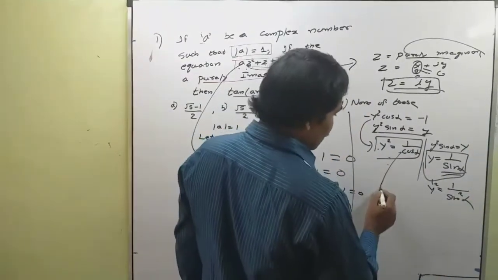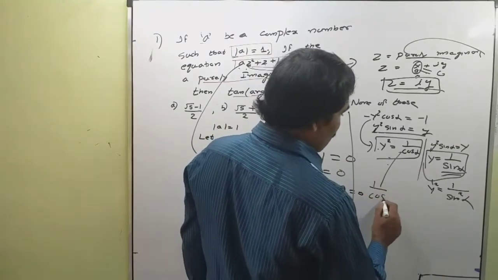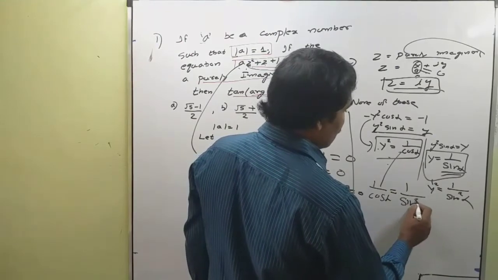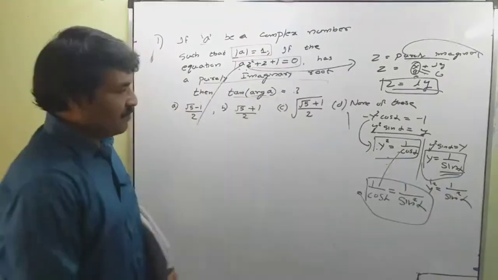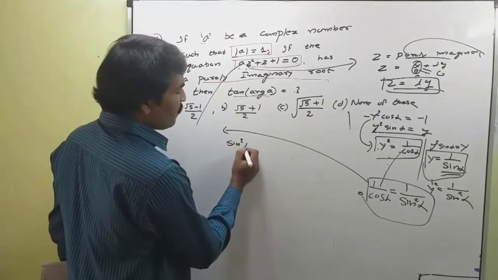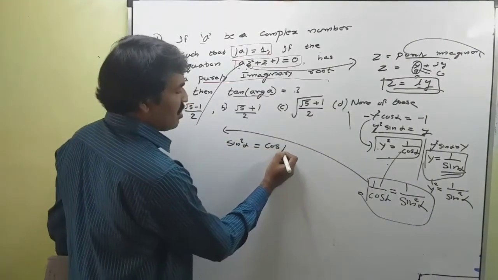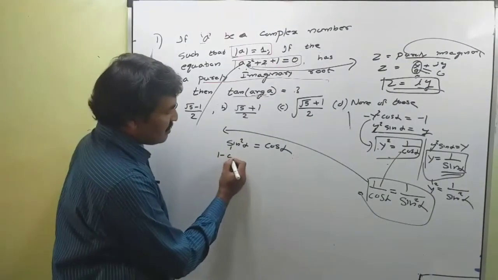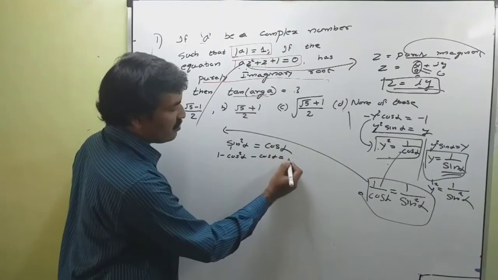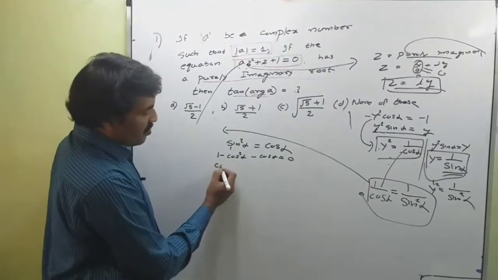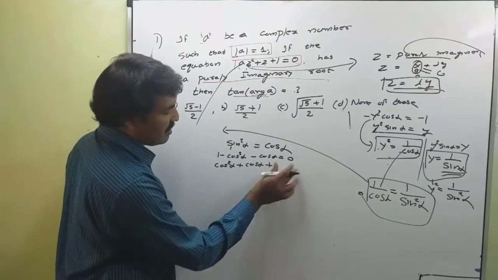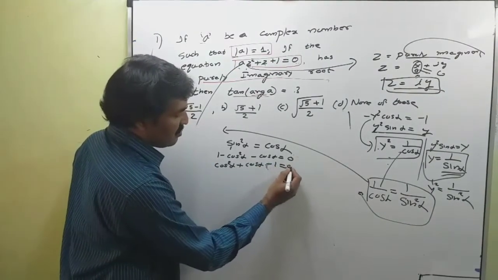That implies 1 by cos alpha is equal to 1 by sin square alpha. This implies sin square alpha is equal to cos alpha, so 1 minus cos square alpha minus cos alpha is equal to 0, or cos square alpha plus cos alpha minus 1 is equal to 0.